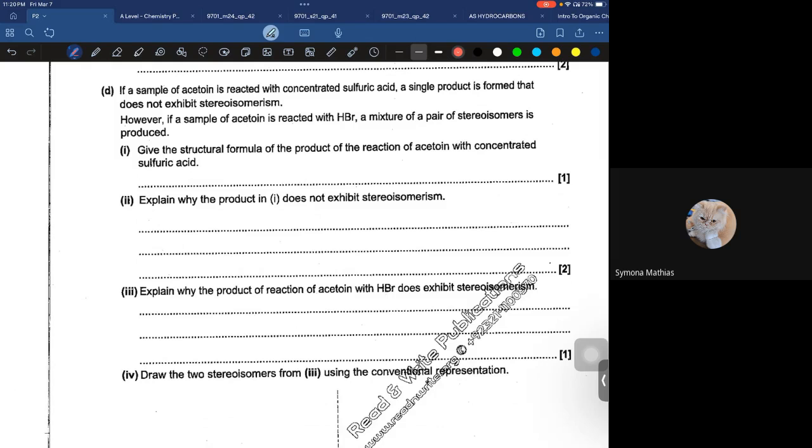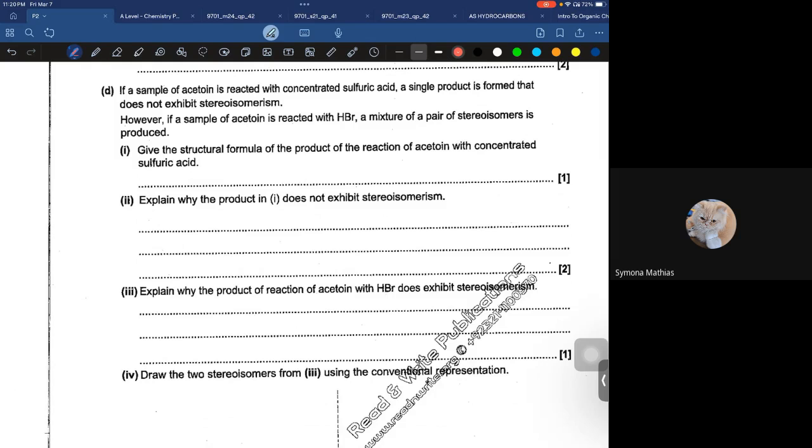Give the structural formula of the product of the reaction with concentrated sulfuric acid. You all know that concentrated sulfuric acid is a dehydrating agent.